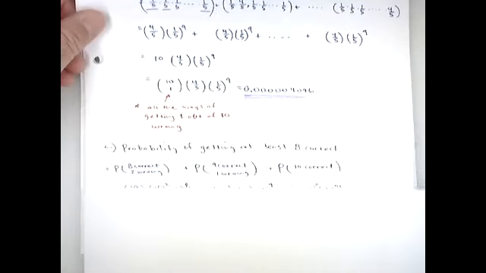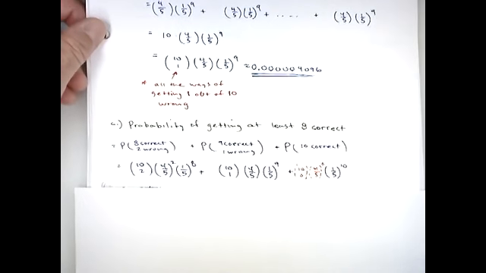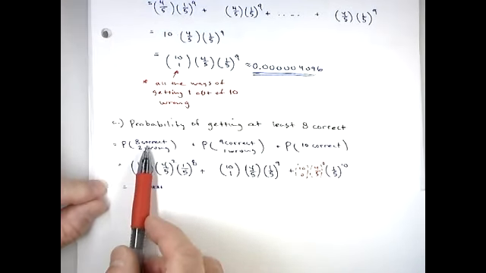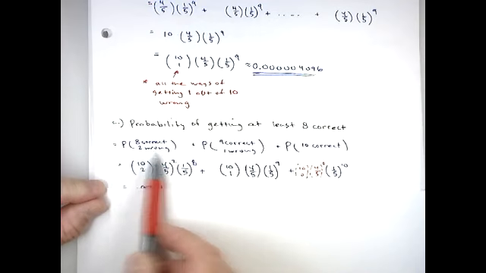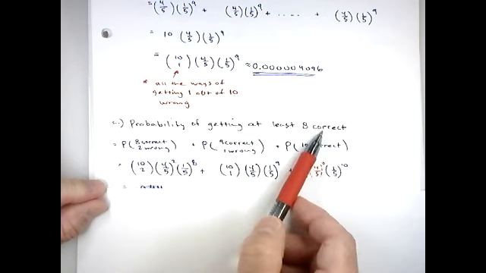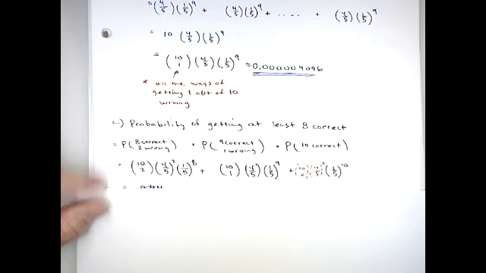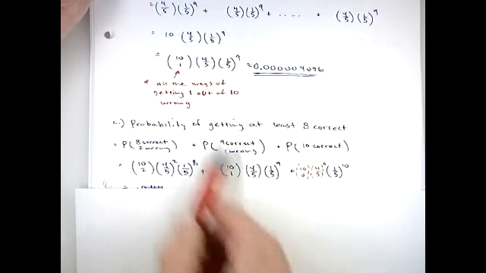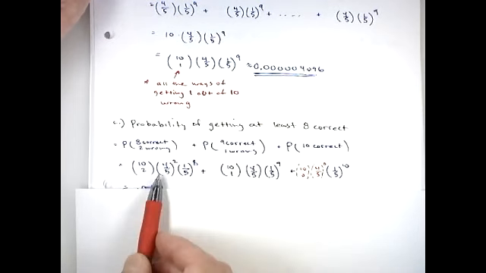Let's extend it. What about getting at least 8 correct? Which is the number of ways of getting 8 correct and 2 wrong, or 9 correct and 1 wrong, or all 10 correct. So here we're doing at least, right? So we're adding those probabilities. Borrowing what we did on the previous problem, 9 correct.